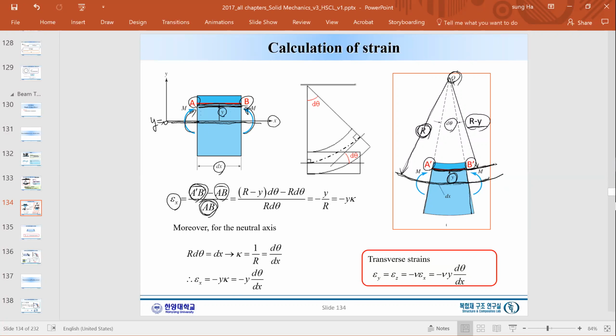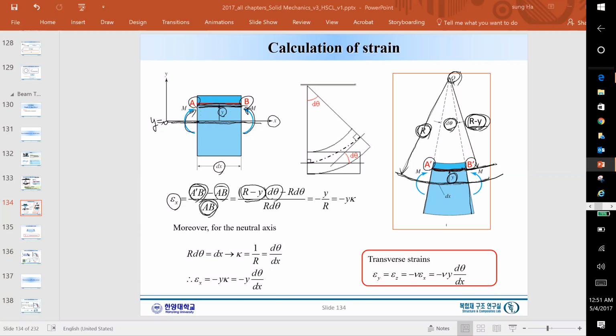To calculate this one, simply we have a radius r minus y. So this is after deformation r minus y, and so this length will simply be d theta times this radius. So r minus y is the radius, and this is d theta.